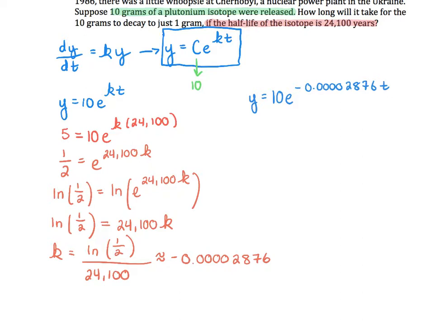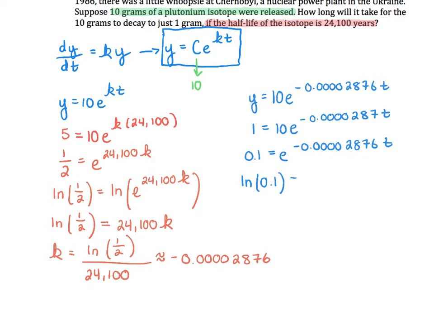We want there to be 1 gram remaining. So we plug in 1 for the amount present, trying to solve for t. So we're going to get a 0.1 on this side. Whoops, dropped a 0 before. That's okay. Natural log both sides.